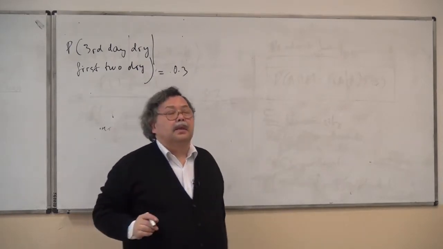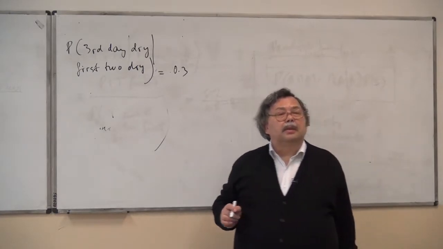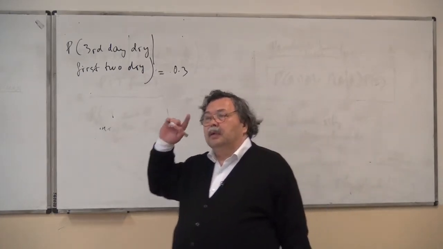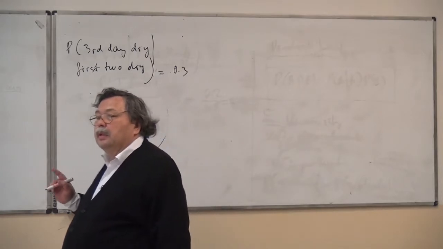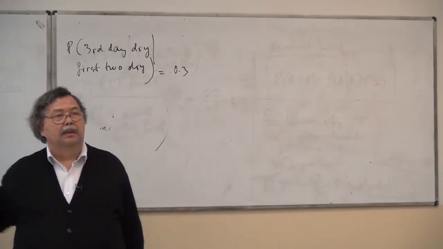Now, if these estimates are reasonable, if they can be relied on, what's the probability that all the three days will be dry? Tomorrow, day after tomorrow, and the next one.